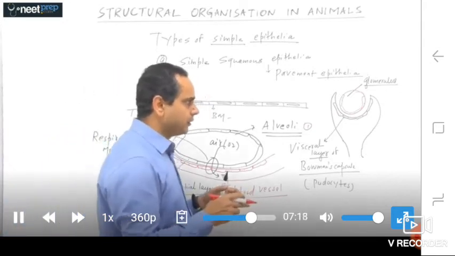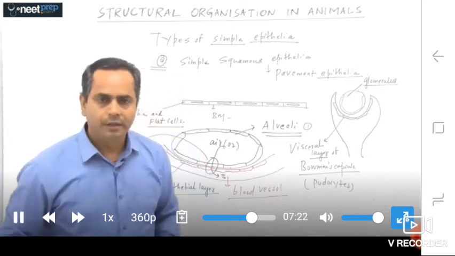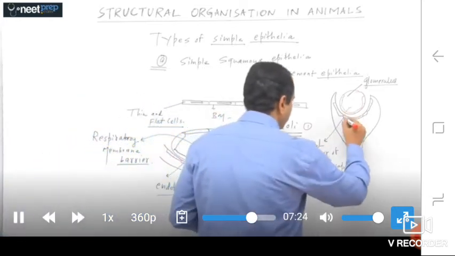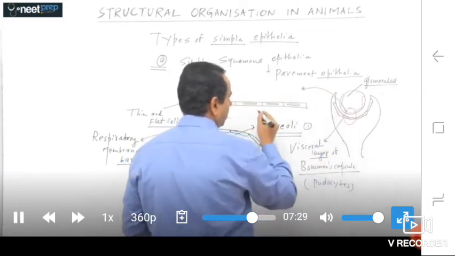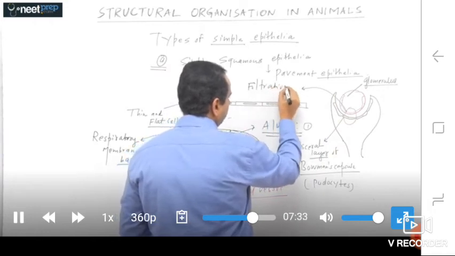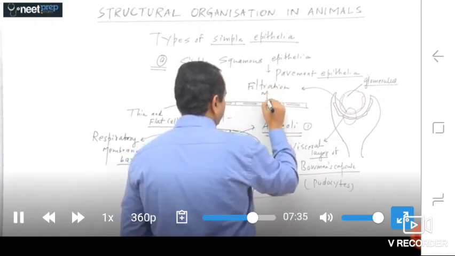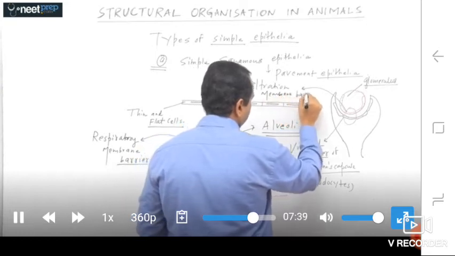The lining of glomerulus and the lining of Bowman's capsule together form a structure called the filtration membrane barrier.